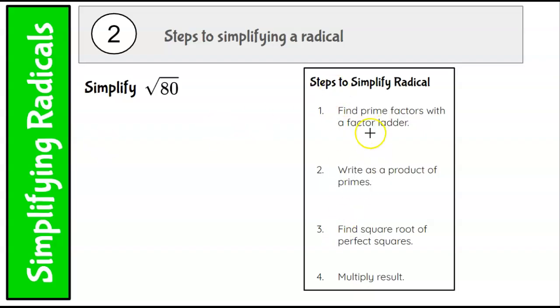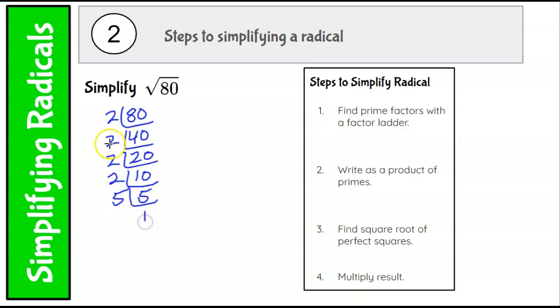So here's how you do it. First, you're going to find the prime factors with a factor ladder. I'm going to do that really quickly. When you get to 1, you're done.